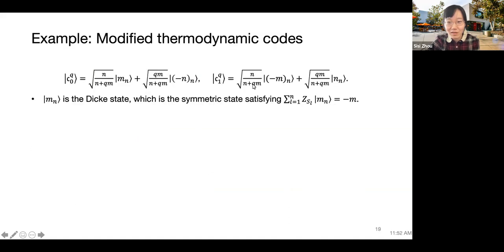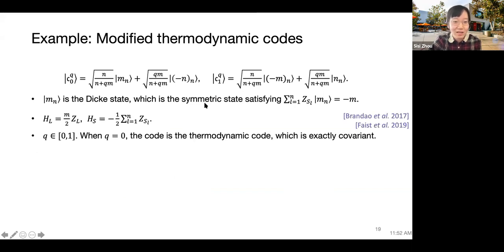Okay, so finally, I'm just going to talk about examples. The first example is the modified thermodynamic code. It is a superposition between decay states with different charge. A decay state is basically the eigenstate of the local Pauli Z operator, and which is symmetric. The superposition is governed by this parameter Q, which is between 0 and 1.